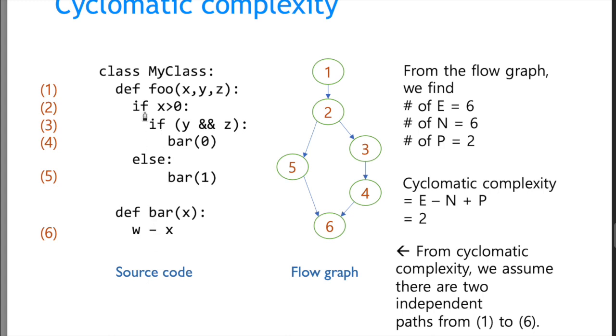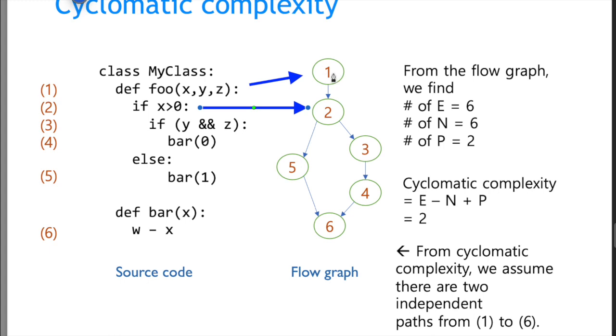If and else can come together, so I do not give separate numbers to each line of source code. Each node represents a source code line, and each edge represents the sequence, the order of statement execution.